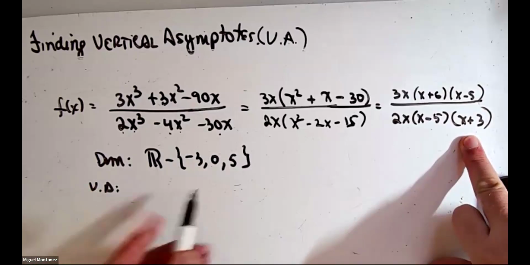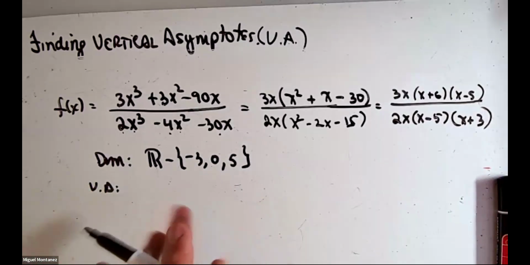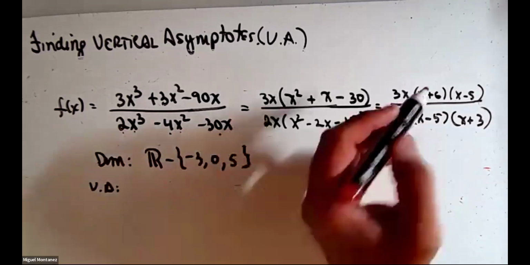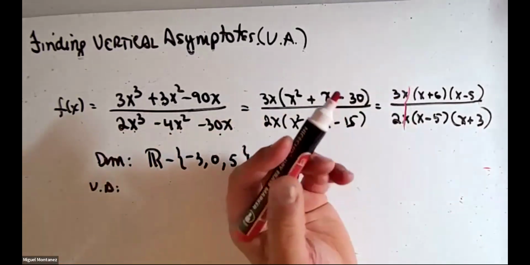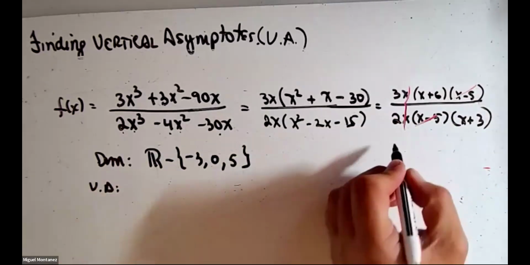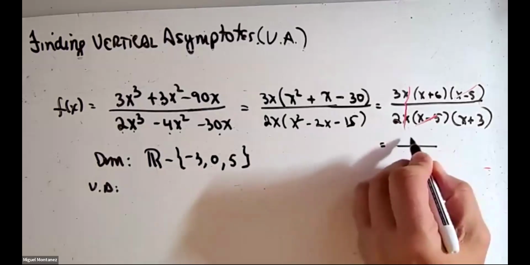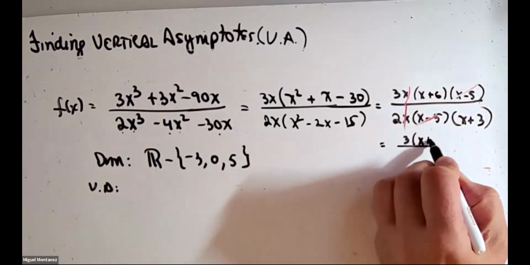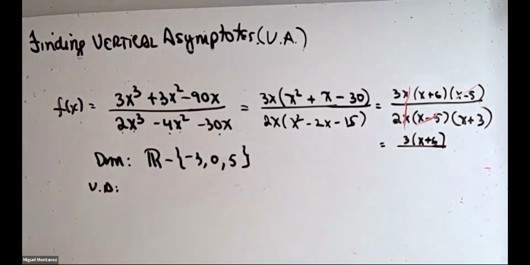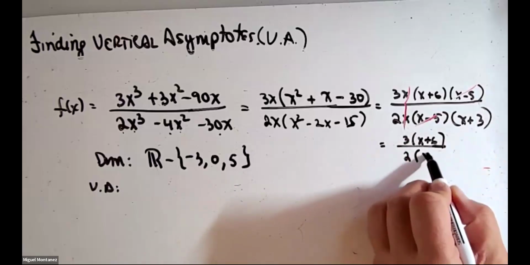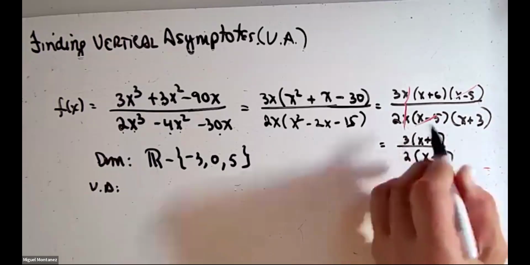What about the VA? In theory, we should have 3 of them. Not really, because notice that when I simplify the function, x over x is 1, x minus 5 over x minus 5 is 1. So my function in its lowest form will be 3 times x plus 6 over 2 times x plus 3.